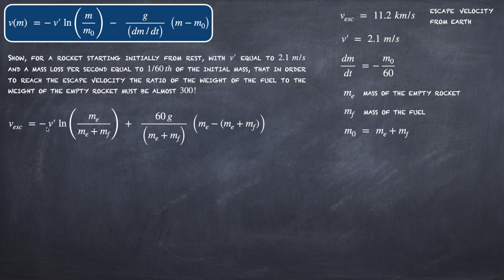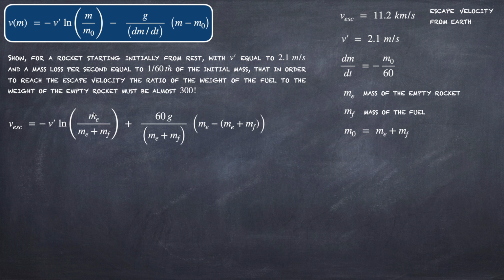We know the value of the escape velocity. We know the value of v prime, and it multiplies the logarithm of m. M is when the rocket reaches the escape velocity, and in the limit we would like that to be when all the fuel is done.